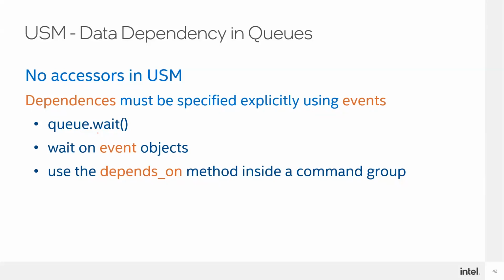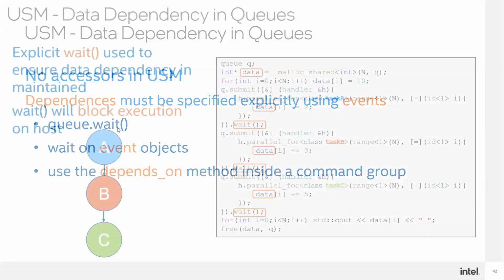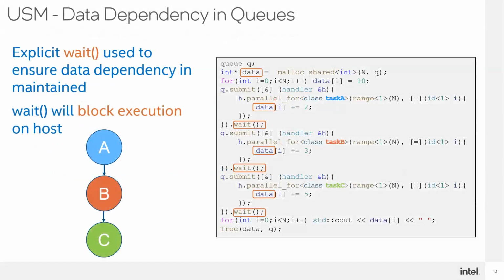While what you can do is catch or get an event object and synchronize on this event object. So take a look at this example where we are writing the code in a way where we put dot and then wait. So we are not writing queue.wait, right? But we are invoking this wait function in this case for the event returned by queue submit.